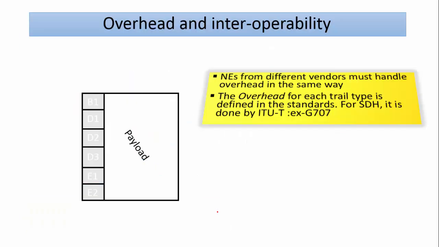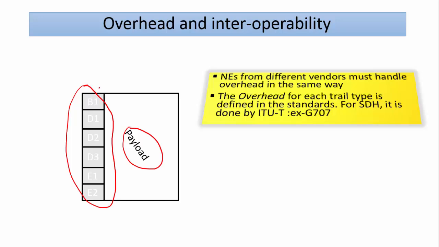Overhead and interoperability. Assume, as we discussed in other webinars, I have my payload and I have my overhead. So now you know why we had overhead. Now these overheads have to be defined through some standards.